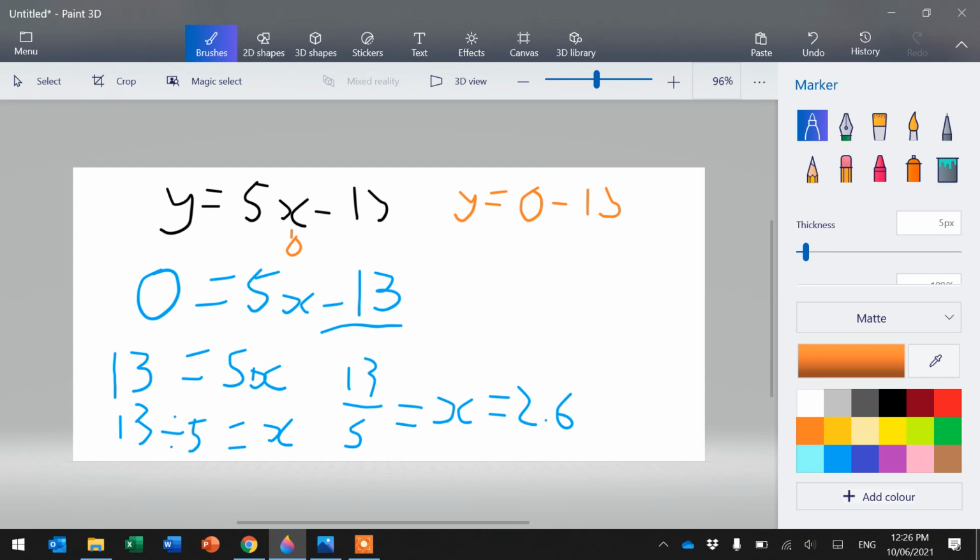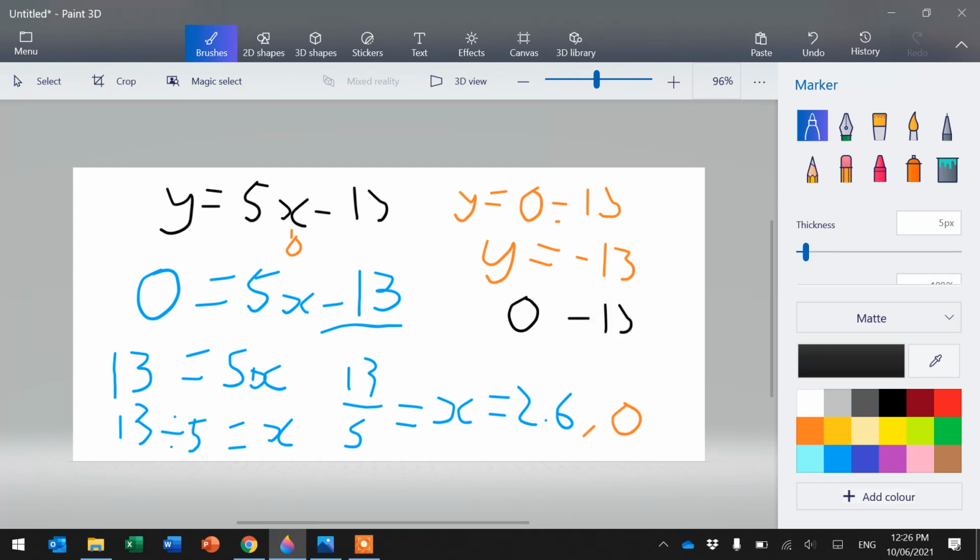Actually, sorry, we won't need a plus 13 to both sides. It's just y equals minus 13. So that means that our coordinates, when x is 2.6, y is 0. And for the other one, when x is 0, y equals minus 13.